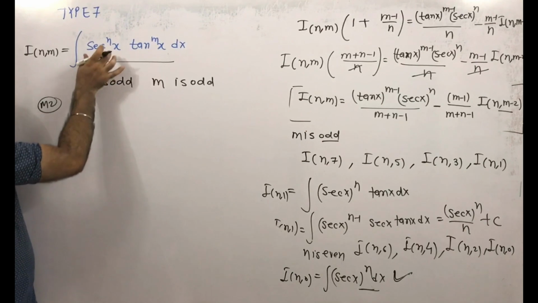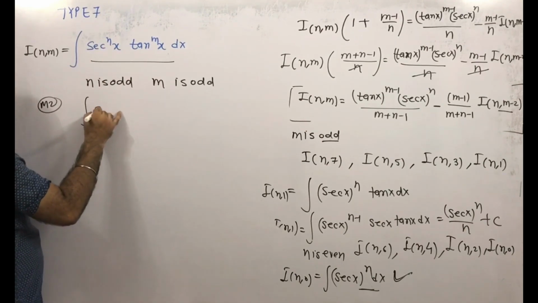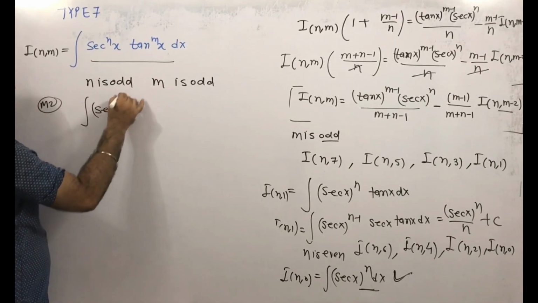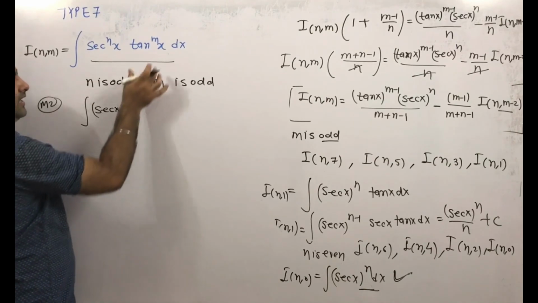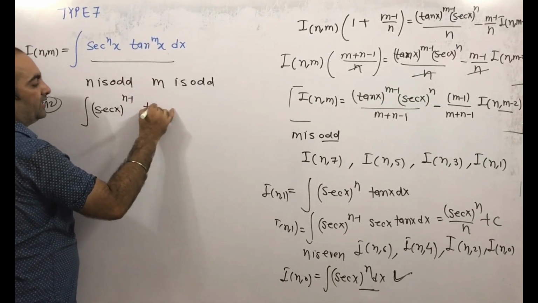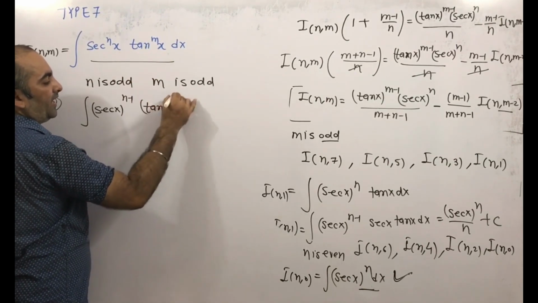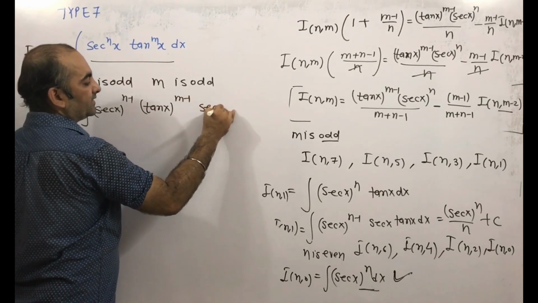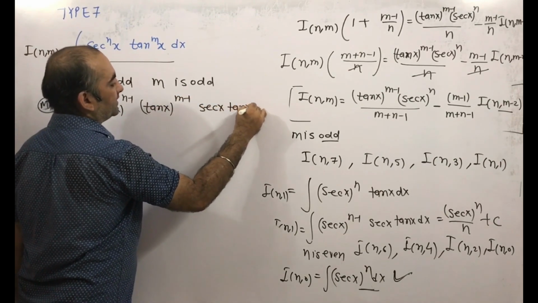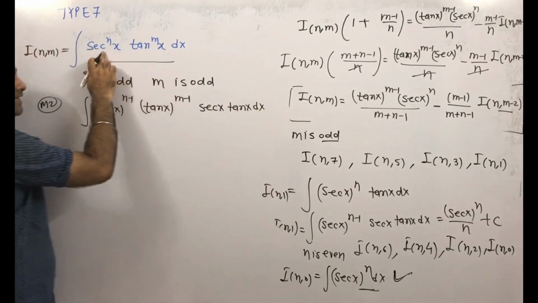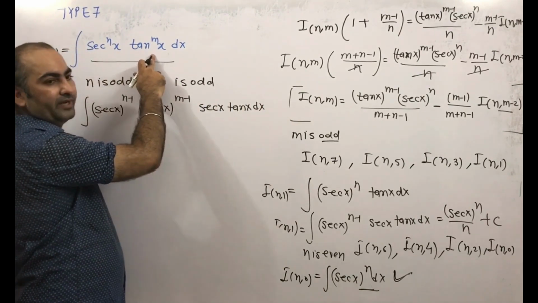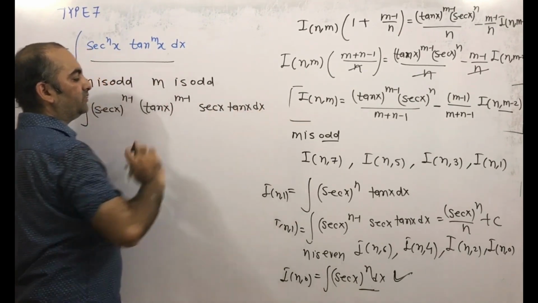So what you will do here: the integration of secant x to the power n, we write as secant x to the power n minus 1, and tan x to the power m we write as tan x to the power m minus 1 times secant x tan x dx, because one secant x we are taking from here and one tan x we are taking from here. So what will come? Secant x tan x dx.